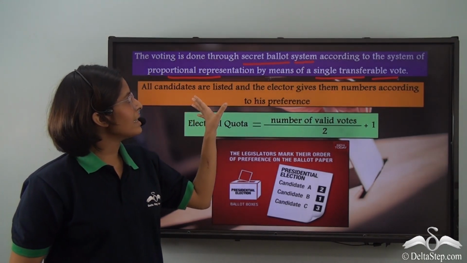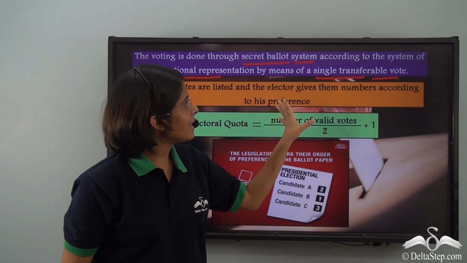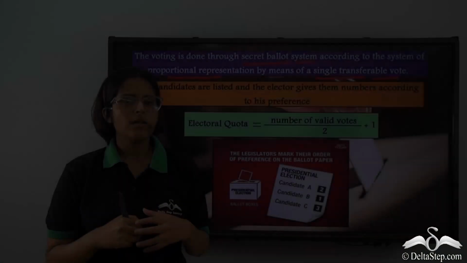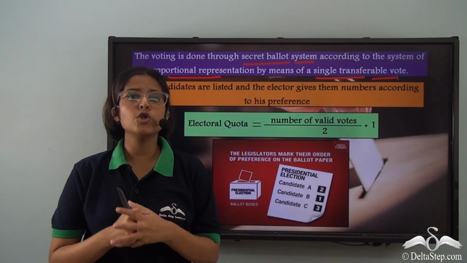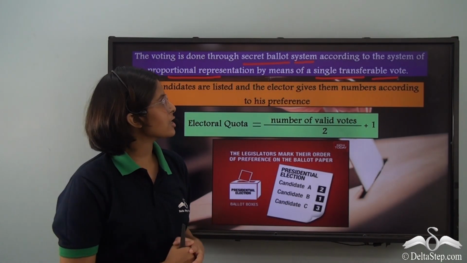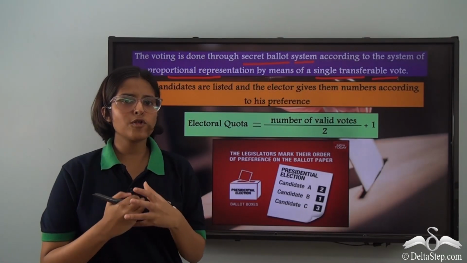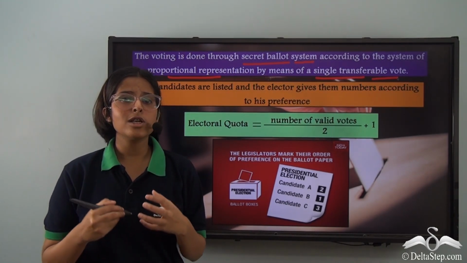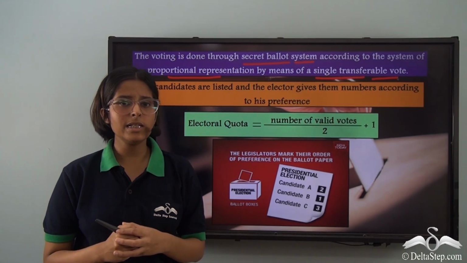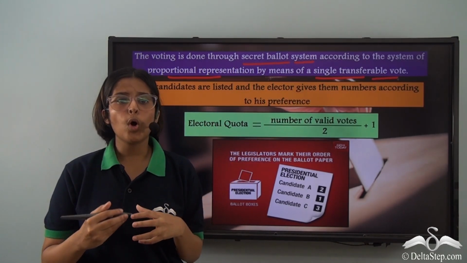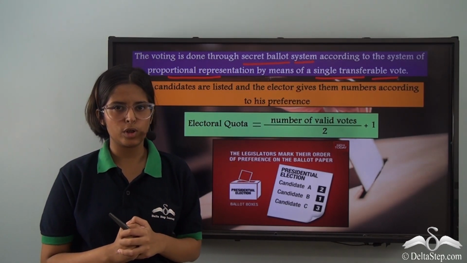So the candidates are listed and the elector gives them numbers according to his preference. Now as we move forward, you will understand why it is called a single transferable vote. So for now we have to know that for one candidate to be elected as the president, he has to get the electoral quota, or he has to fulfill the electoral quota.